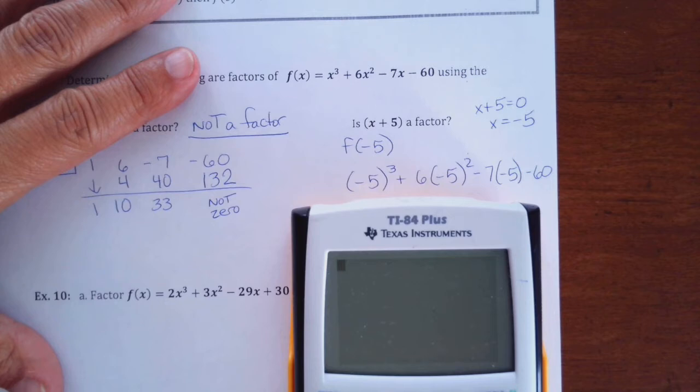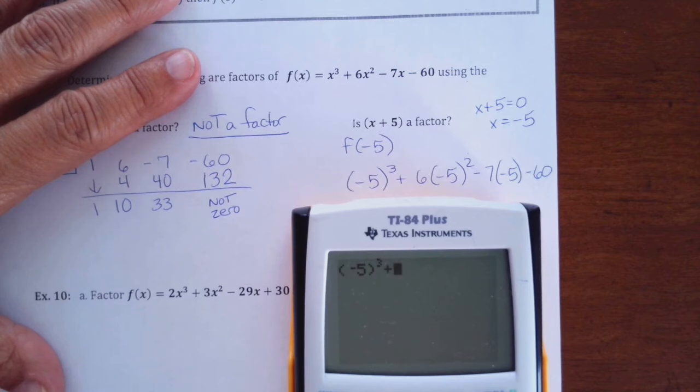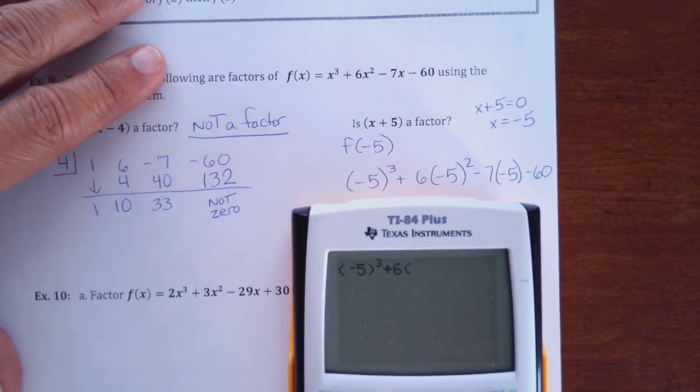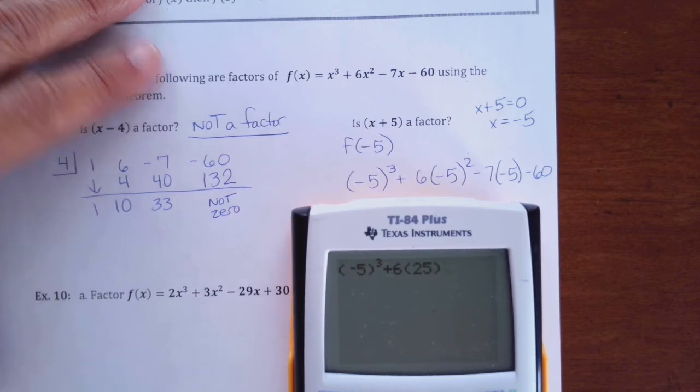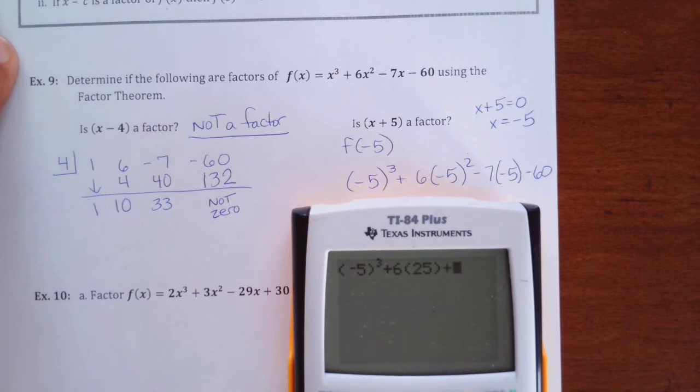Put it here so you guys can see. So we're going to do negative 5 cubed plus 6 times, I'm just going to make that 25, right? Negative 5 squared is a positive 25, minus, this will be positive 35, and then minus 60.